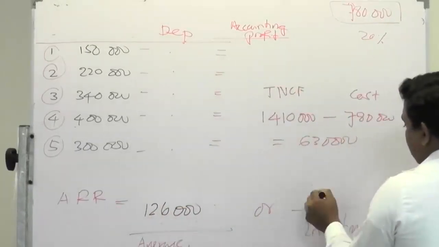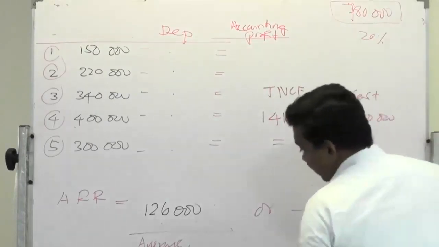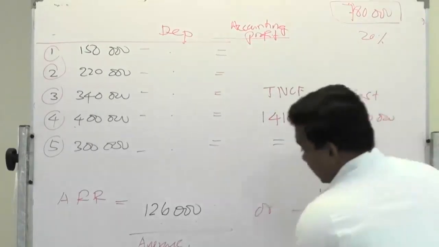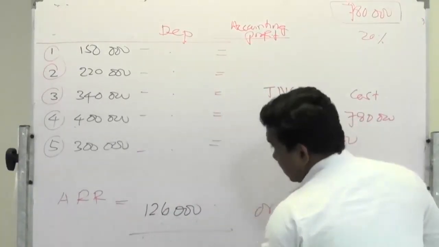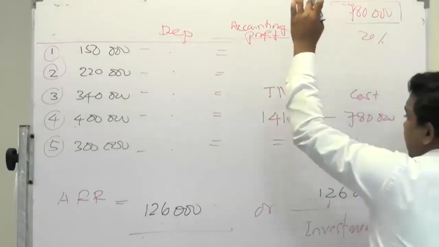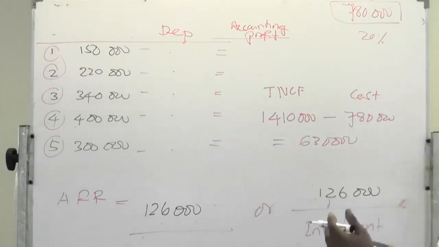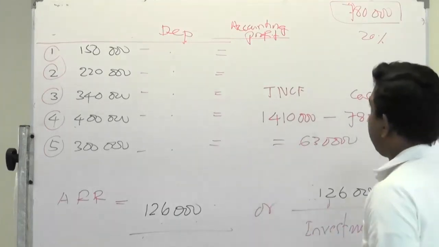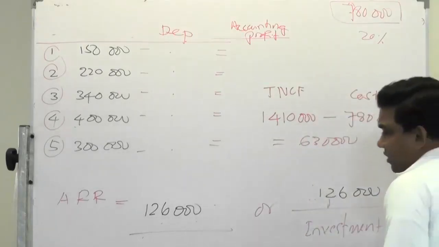126,000. Now to calculate the accounting rate of return, you can use average investment or initial investment. Average investment means you take the initial investment and the investment value at the end of the 5th year, divided by 2. The investment value at the end of the period is the scrap value, here 0, since there is no scrap value.